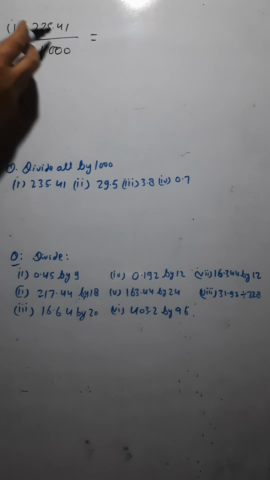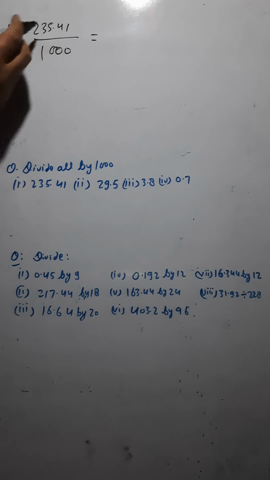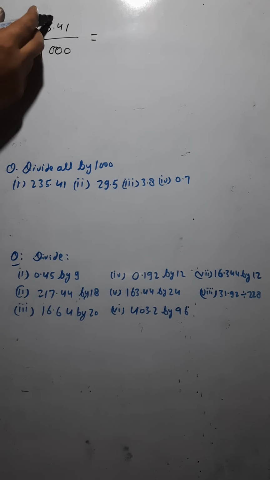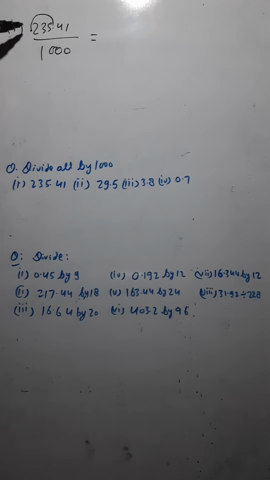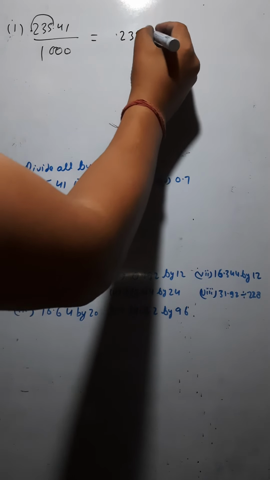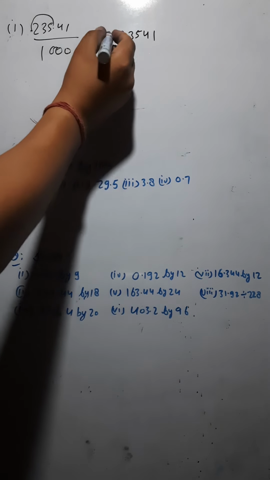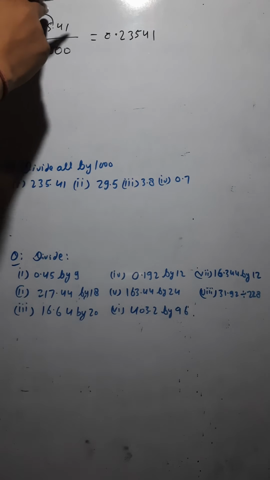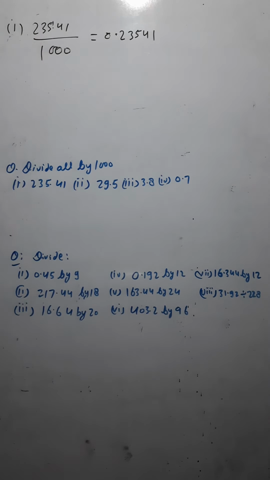So if you have three zeros, the decimal would shift three places: 1, 2, 3. So the decimal would now be shifted to here. So the answer would be 0.23541. Okay, you can write 0 here also, no matter. Are you getting this? So this is how you would solve the question.